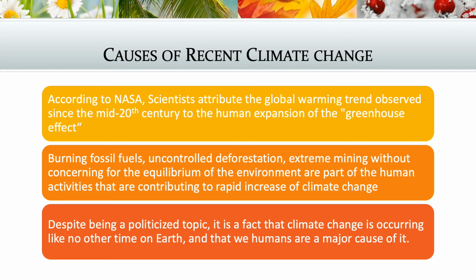Burning fossil fuels, uncontrolled deforestation, extreme mining without concern, pollution of water, and the hunting and overexploitation of certain species that either are photosynthetic or act as decomposers are part of the human activities that are contributing to the rapid increase of climate change.